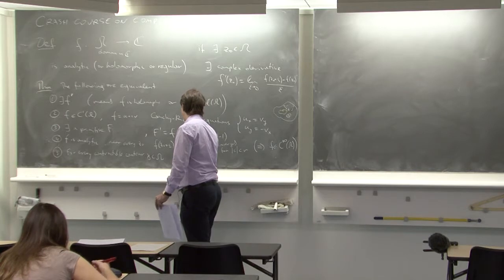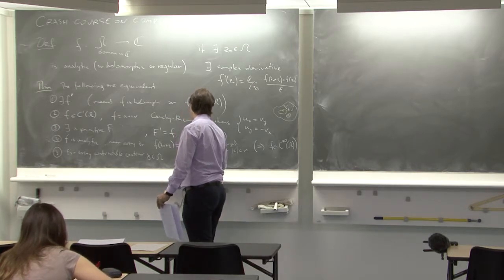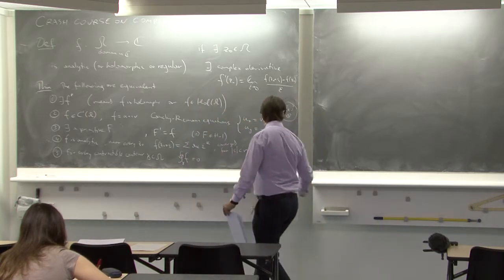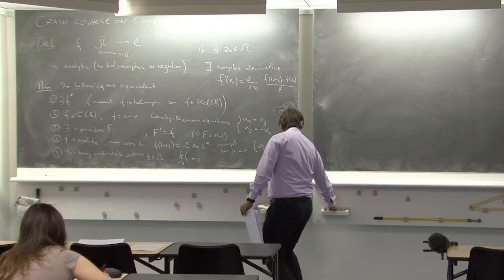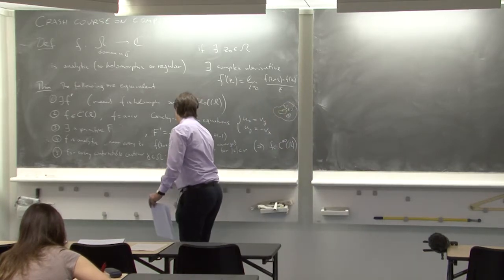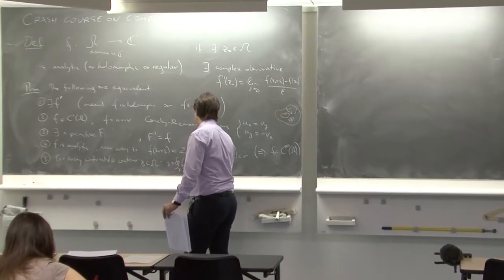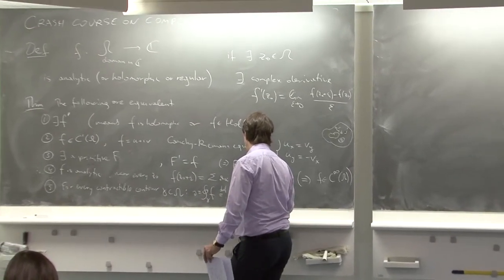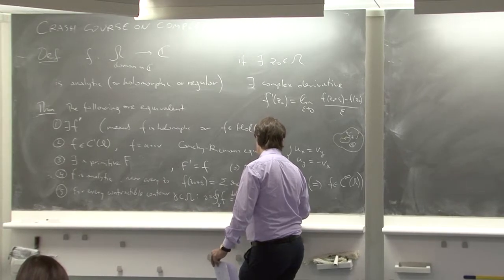So the contour integral of f over gamma is equal to 0. Now, what is the contour integral of f over gamma? By definition it is the integral over the length of gamma of f of z dz.